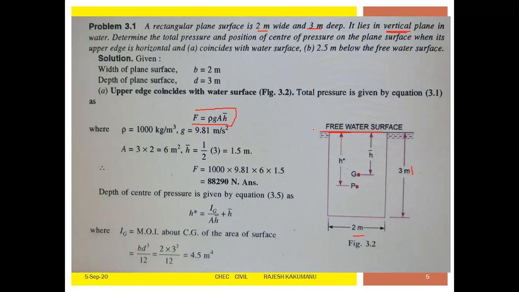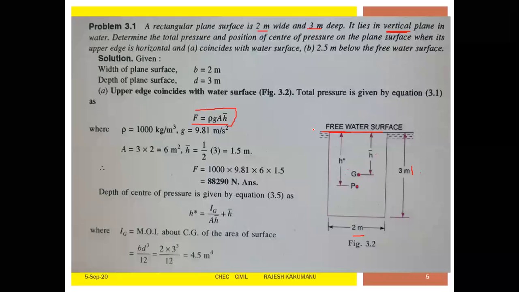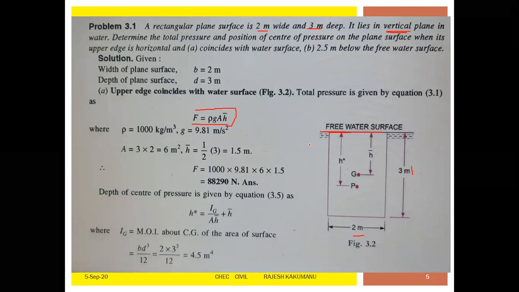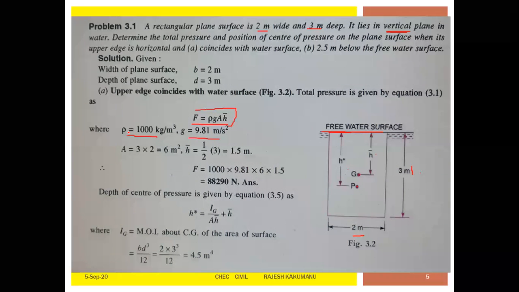Okay, now if you see the formula, F is equal to rho into g into A into h bar, where rho is equal to 1000, as we know, and g is equal to 9.81, that we also know. Now what is the area?